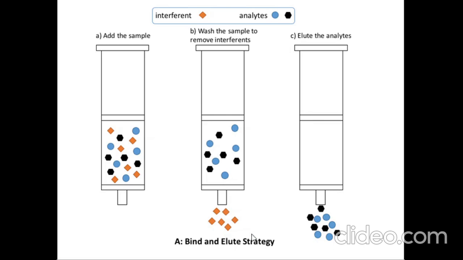Elution means they come out. And later, the analytes that are bound to the sorbent can also be eluted by changing the ionic strength, so that the forces of attraction between the analytes and the sorbent become weak, and the analytes come out. So now you have essentially separated the mixture of analytes from the interferents through the bind and elute strategy. First is binding, then elution.